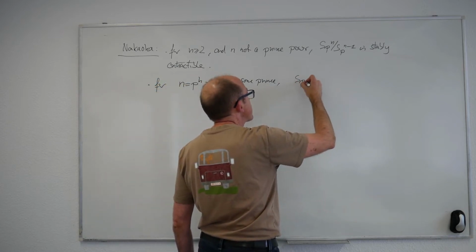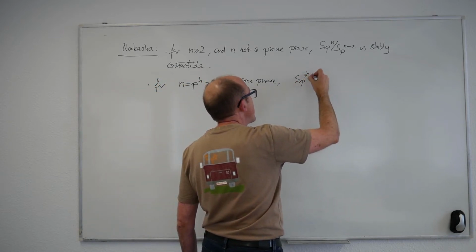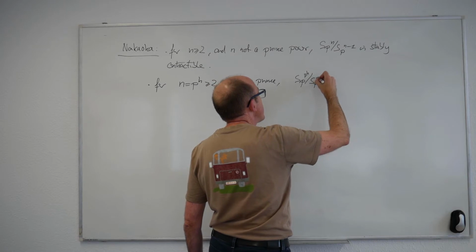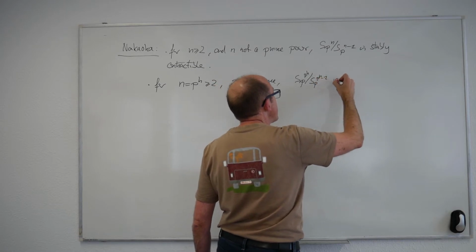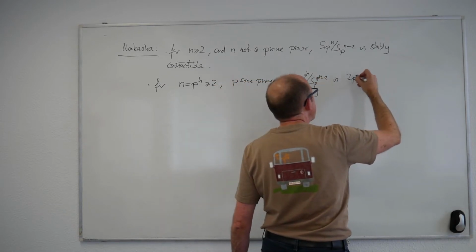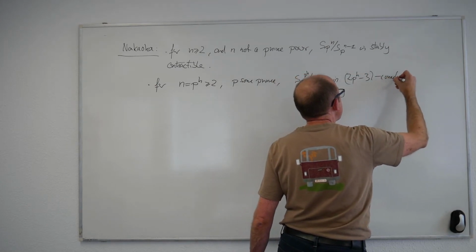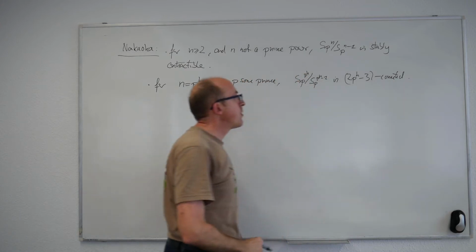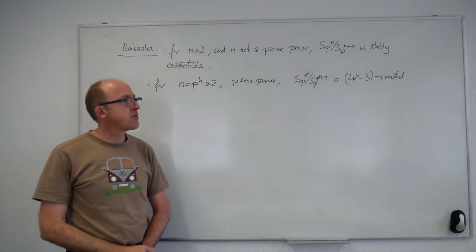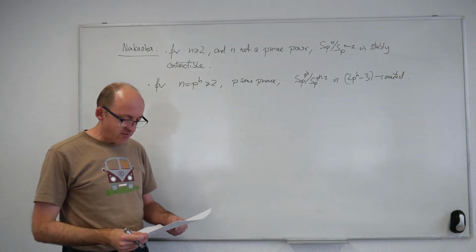So the first thing is that Sp^(p^h) modulo Sp^(p^h - 1) is (2p^h - 3)-connected. So the homotopy groups vanish up to dimension 2p^h - 3.